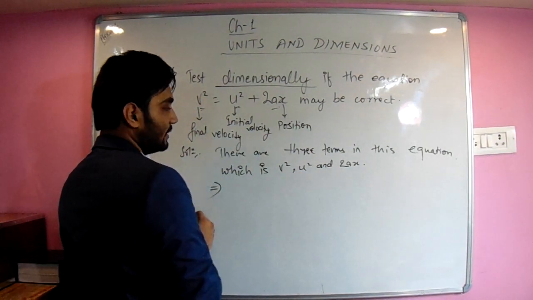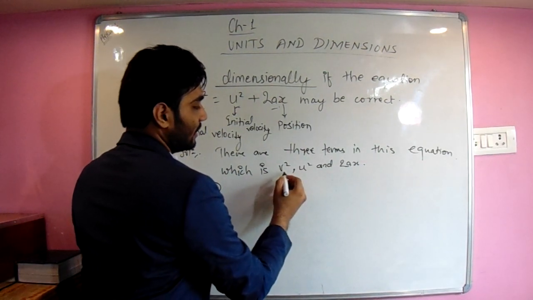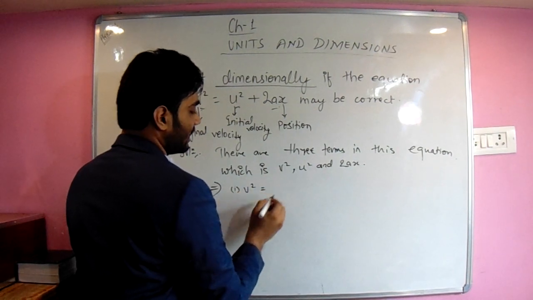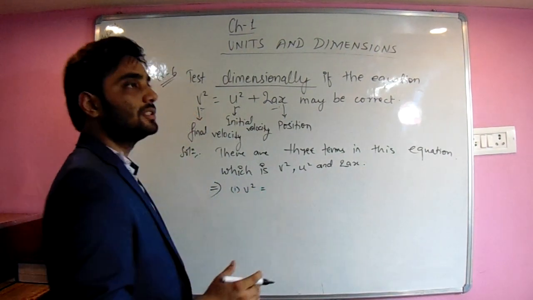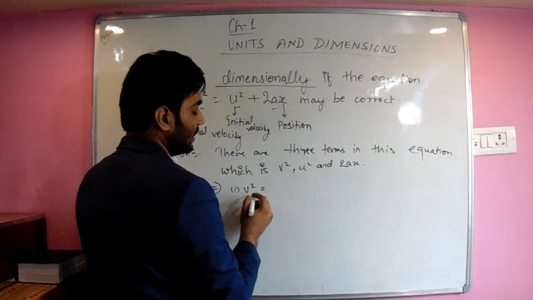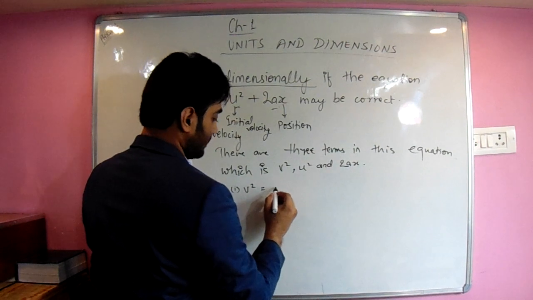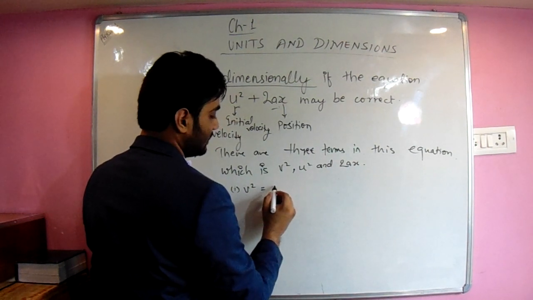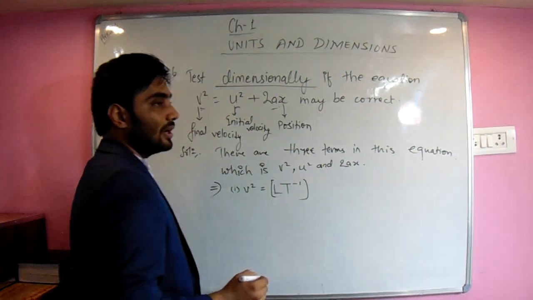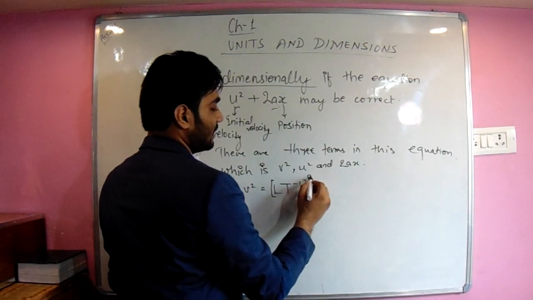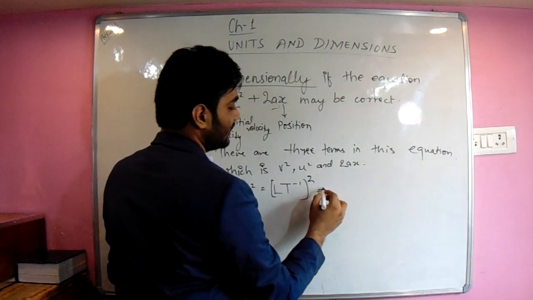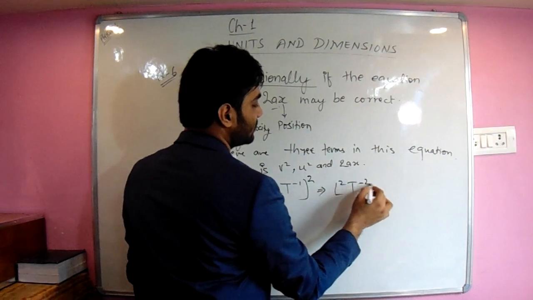The first term is v square, the final velocity whole square. Its dimension is LT minus 1, and we put square brackets on both sides with power 2, so finally L2T minus 2.